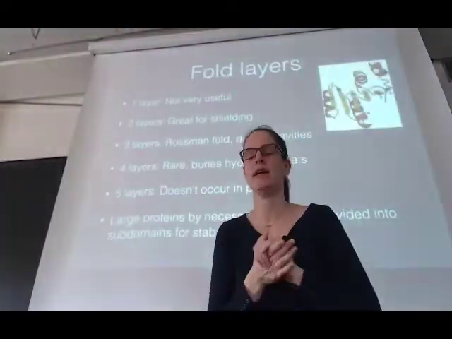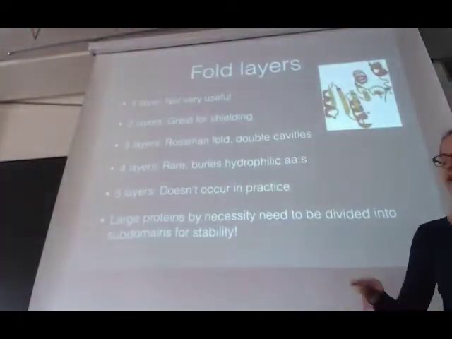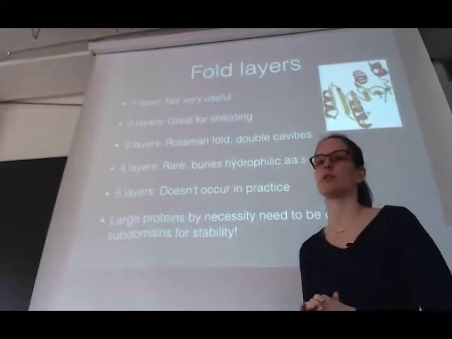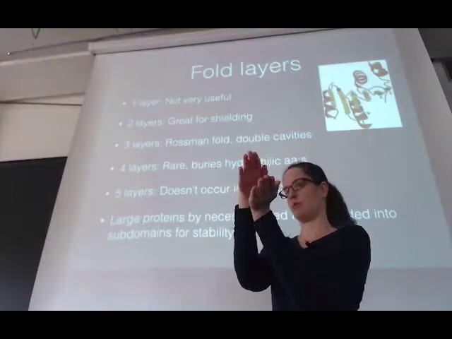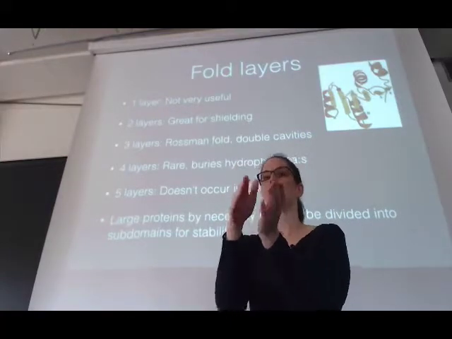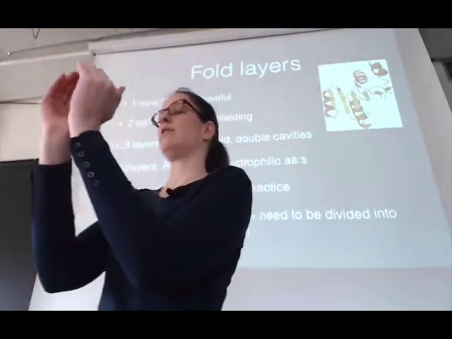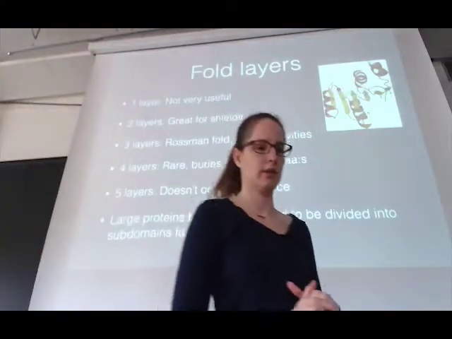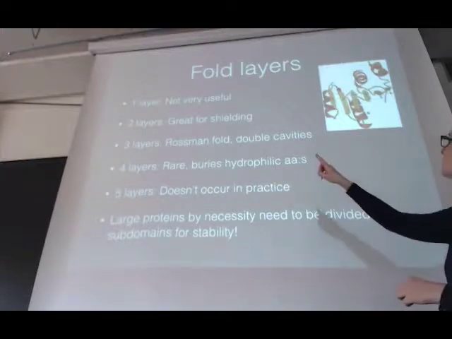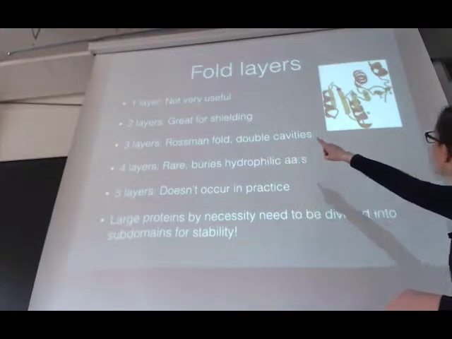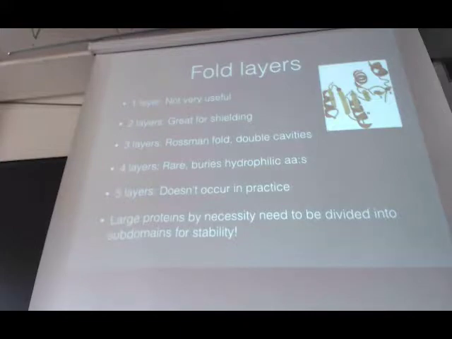And so that is why 2 layers is actually the most prevalent thing, because with 2 layers, now you can start binding something in between, right? For example, or you could bury some kind of interface that allows you to do something interesting. 3 layers exist also. The Rossmann fold is very famous. That's what's represented up here.